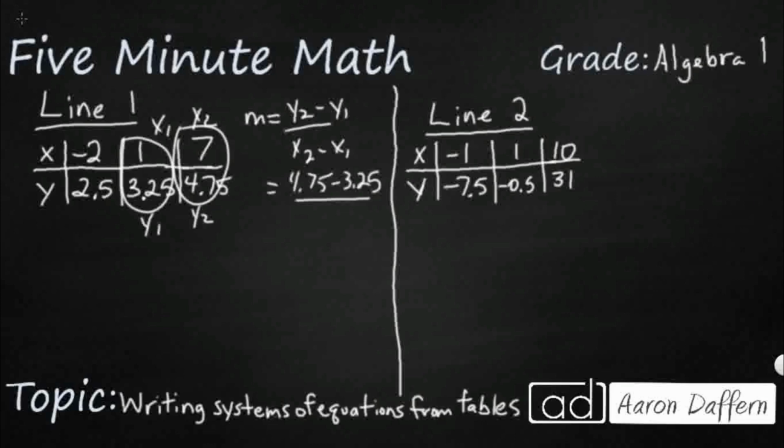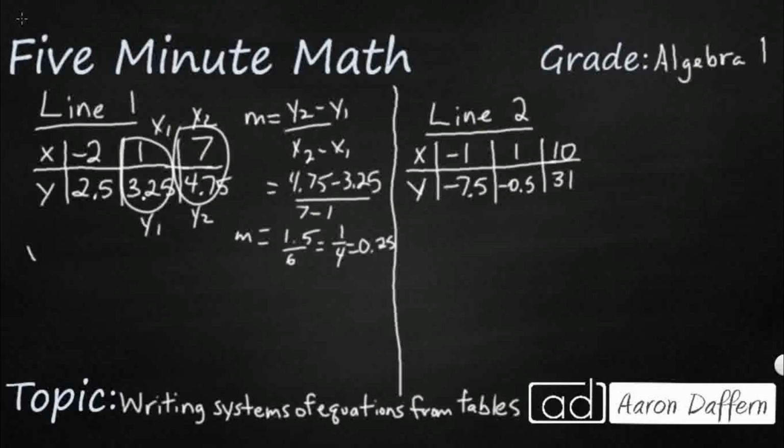And that's going to give me 7 minus 1. So that m here is going to be 1.5 over 6. Kind of weird to have a decimal in there. But you know, 1.5 doubled makes 3, 3 doubled makes 6. So really, that's just 1/4. Or, since we're dealing with decimals, let's just go ahead and make that 0.25.